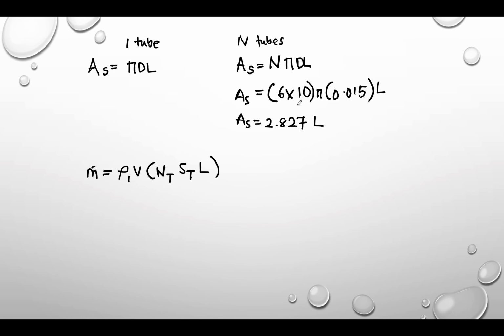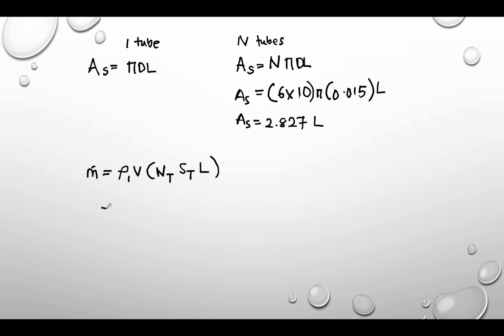Rows is 6, columns is 10. So how many tubes in each row? I always say that this is a column, like what I said in my previous video.